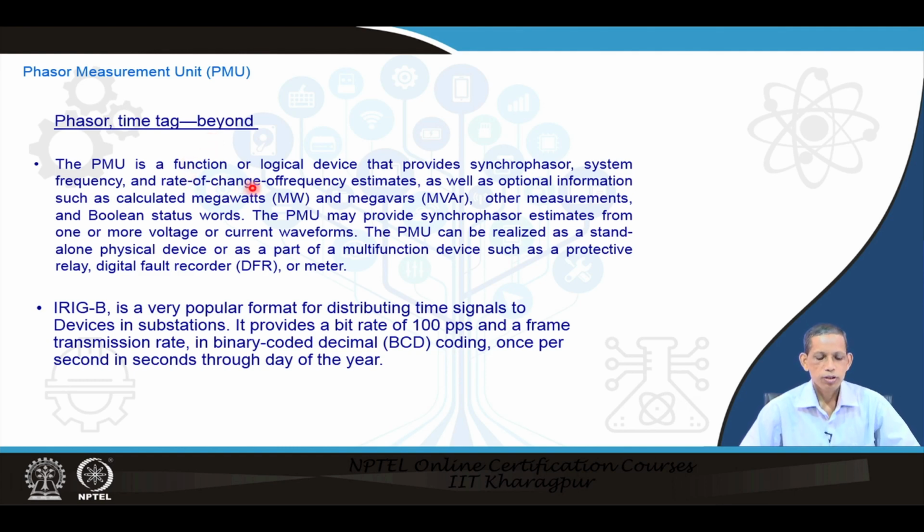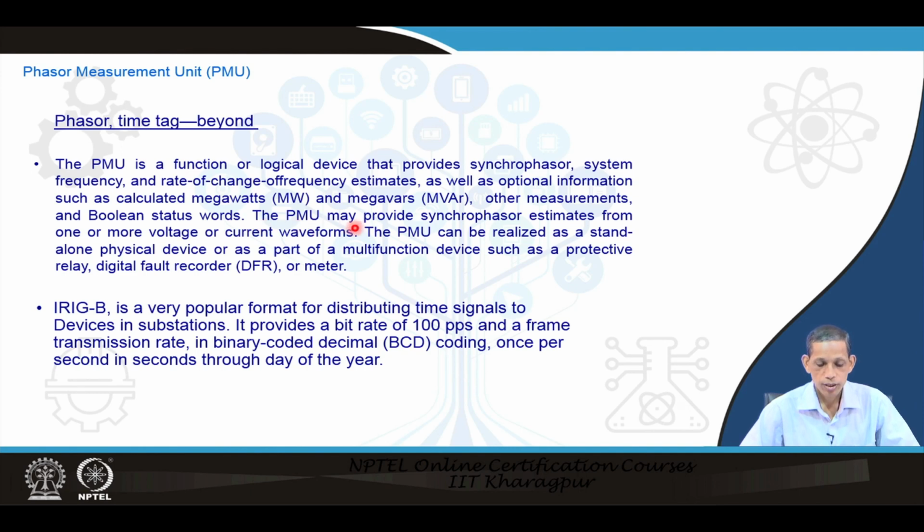The PMU is a function or a logical device that provides synchrophasors, true, but beyond that, in today's applications, system frequency, rate of change of frequency, already mentioned, as well as optional information such as calculated megawatts, megahertz, other measurements also, and Boolean status words like status of line or circuit breaker.